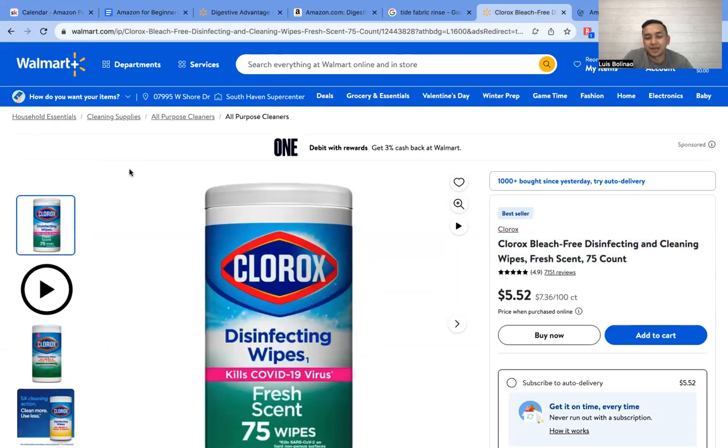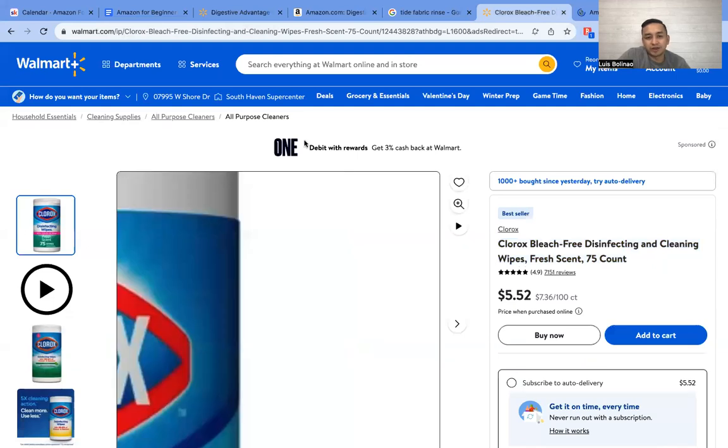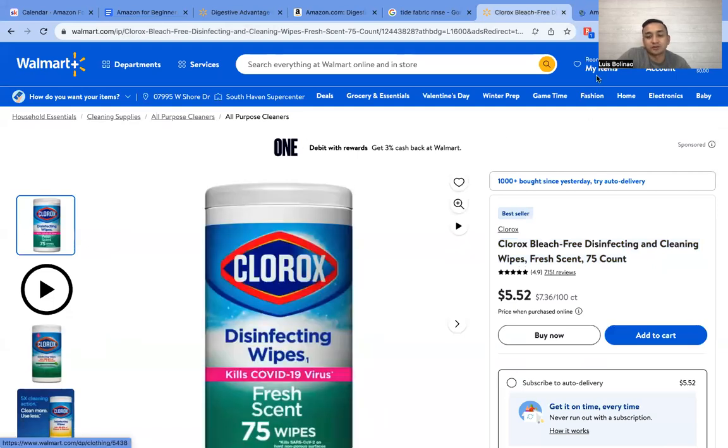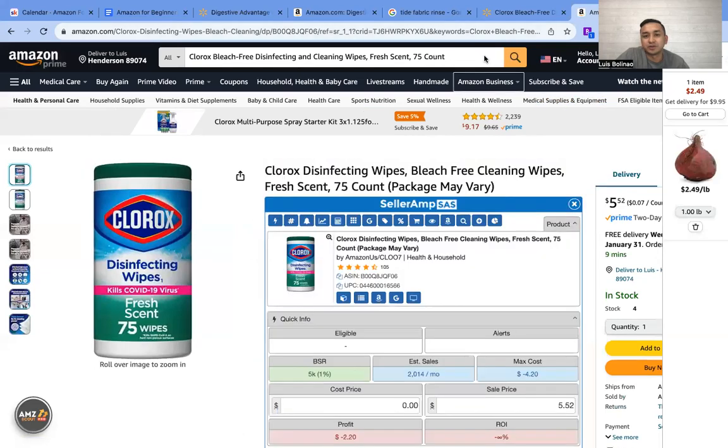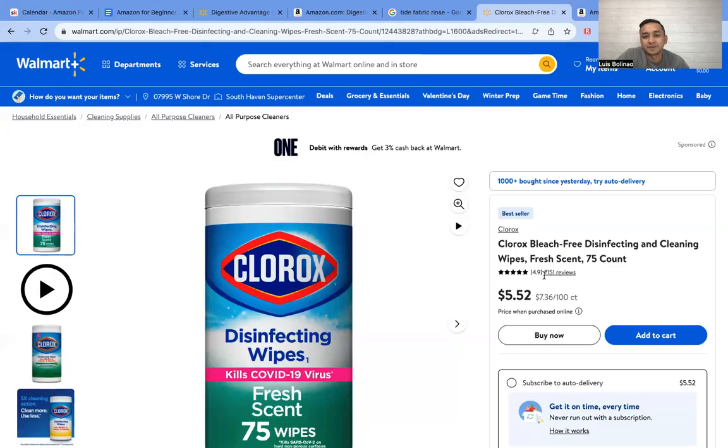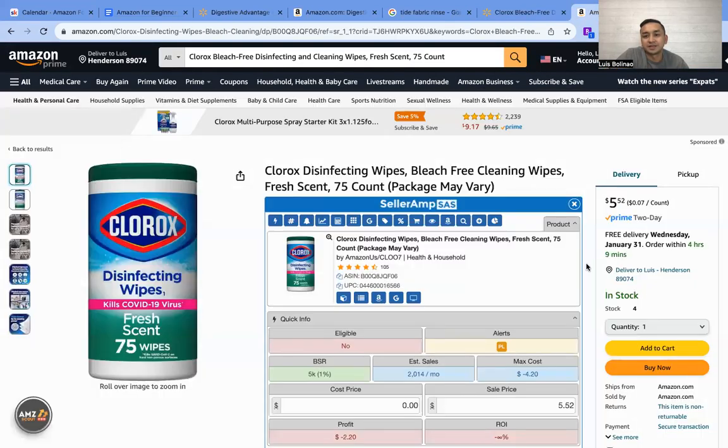So it needs to be popular, a good brand, a good product, but there are also other factors, meaning it has to be more on Amazon. So this one is $5 on Walmart, so on Amazon it has to be at least like 20 bucks.